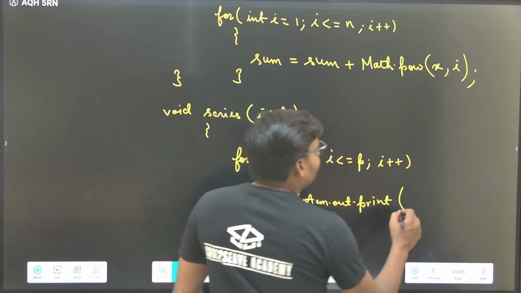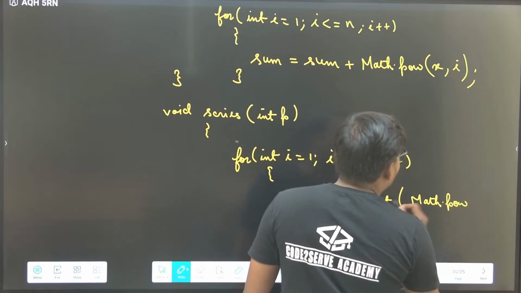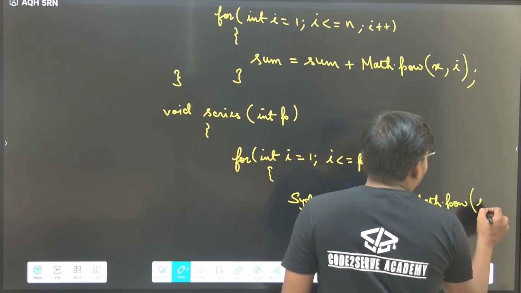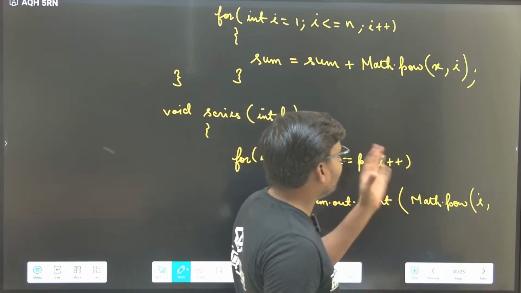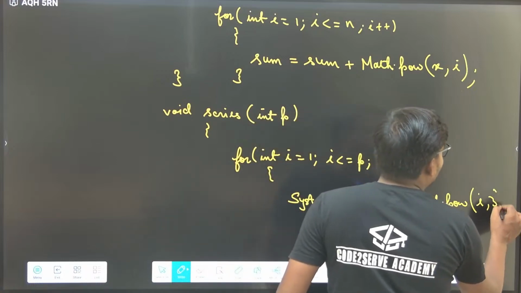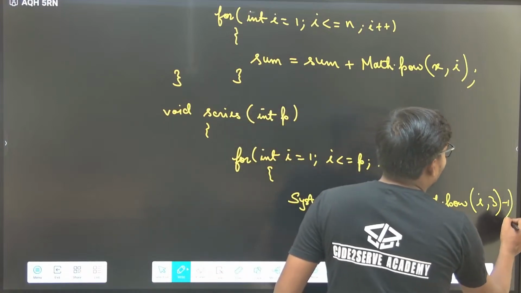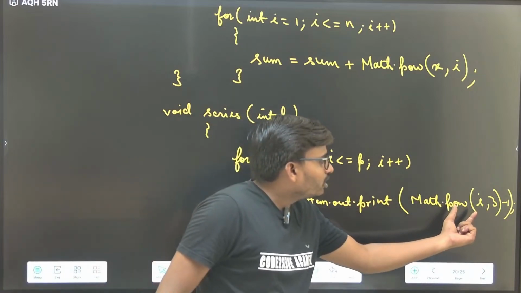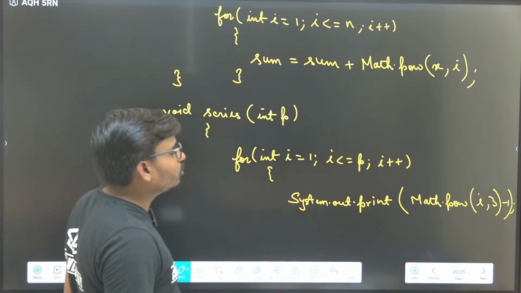So you will say math dot pow, all right, and here I comma 3, that is I to the power 3 minus 1. First it will compute I to the power 3, then it will subtract, and then you are going to print that.